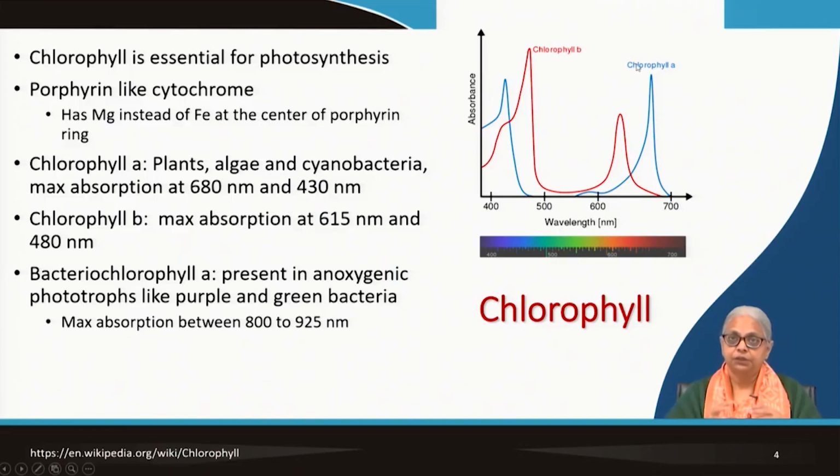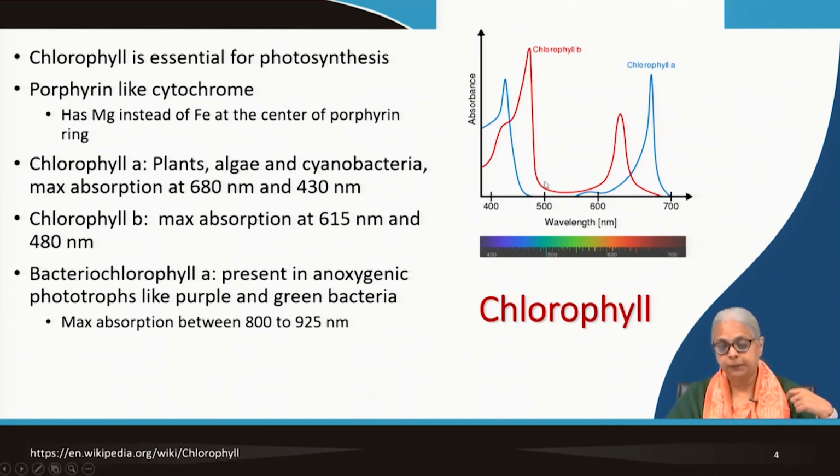Here we have the absorption spectra for chlorophyll A and chlorophyll B. Like I said, whenever you are looking at an object and you see it as a particular color, it means it is reflecting light of that color and absorbing all the other colors. Remember that black is something that absorbs all colors and white is when all colors are reflected.